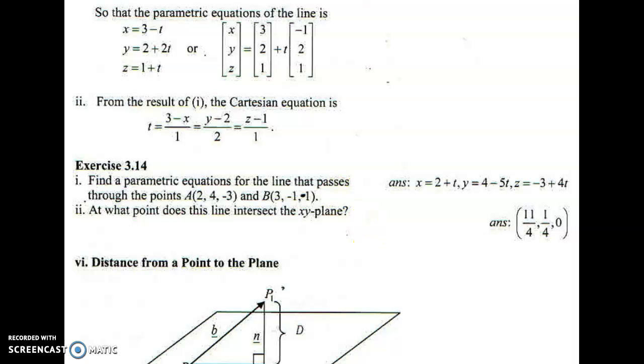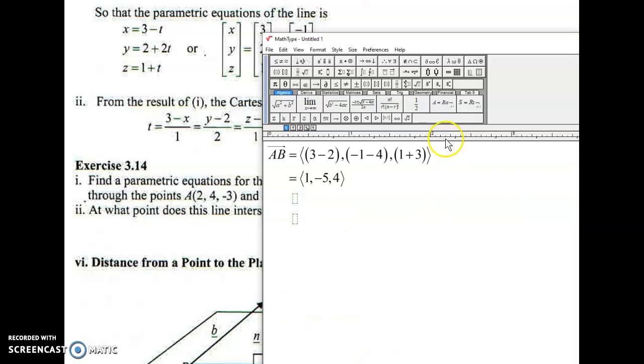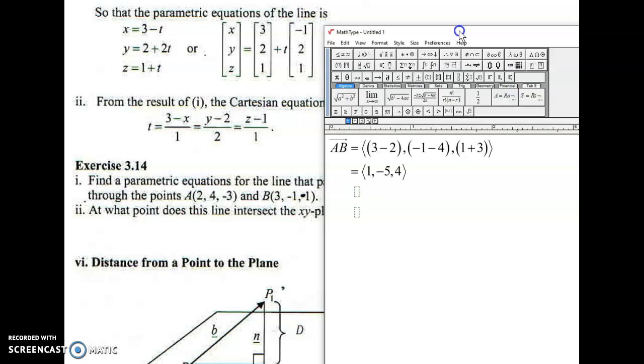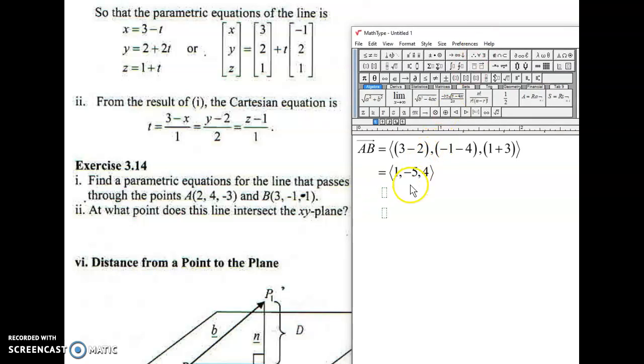There's a way for us to calculate this. First, as I said, we have access to directly calculate the vector, so just calculate that. We have this vector AB. Then still, to find an equation in 3 dimensions, we need to apply the idea of parallel vector.